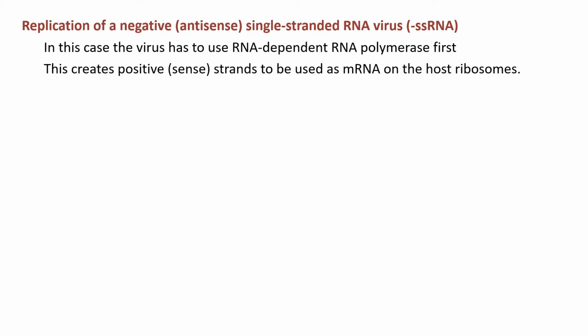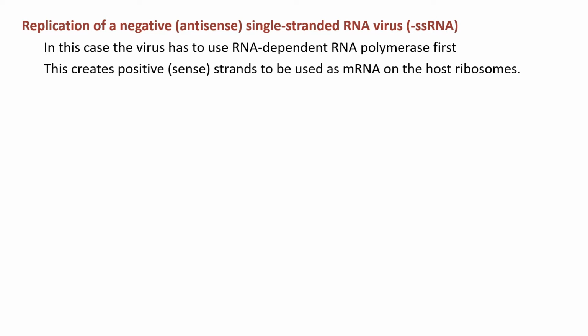Slightly more complicated is the replication of a negative or antisense single-strand RNA virus. Again, this is denoted as minus ssRNA. In this case, before it does anything, the virus has to use RNA-dependent RNA polymerase to create a positive or sense strand.